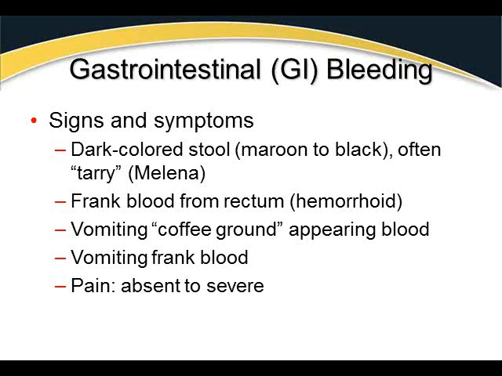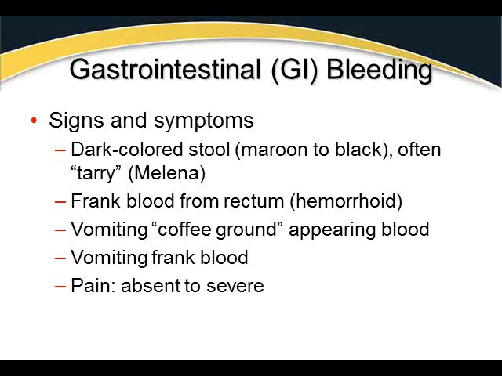They may have some vomiting of coffee ground emesis, which is kind of another characteristic sign that goes along with GI bleed. When we talk about people having a coffee ground emesis, usually that means they have digested blood. That's digested blood is what gives it that coffee ground look to it.